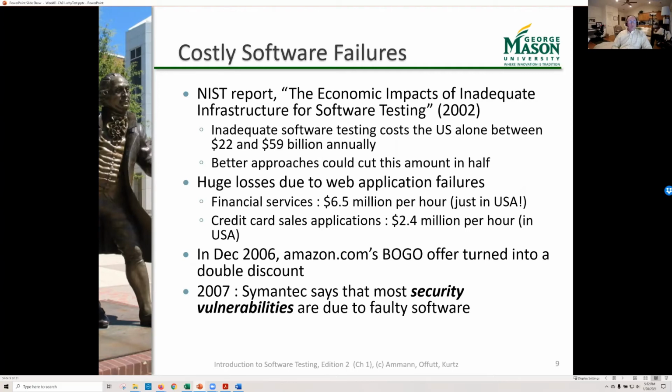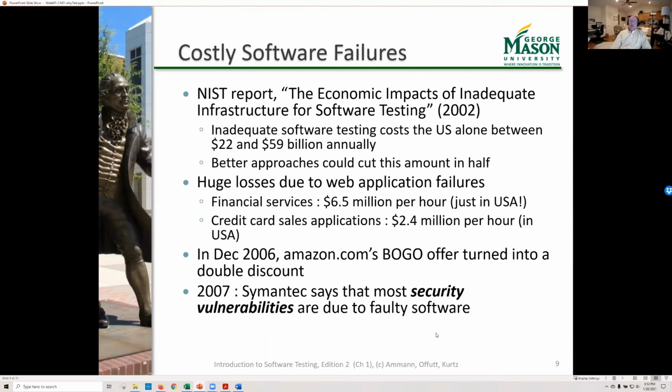You can find a few specific things that have numbers put on them. Usually when this happens to companies, they are very reluctant to talk about it, so it's really hard to get good data. But imagine if you have a web application failure, that could cost you millions of dollars per hour in downtime. The numbers are huge.